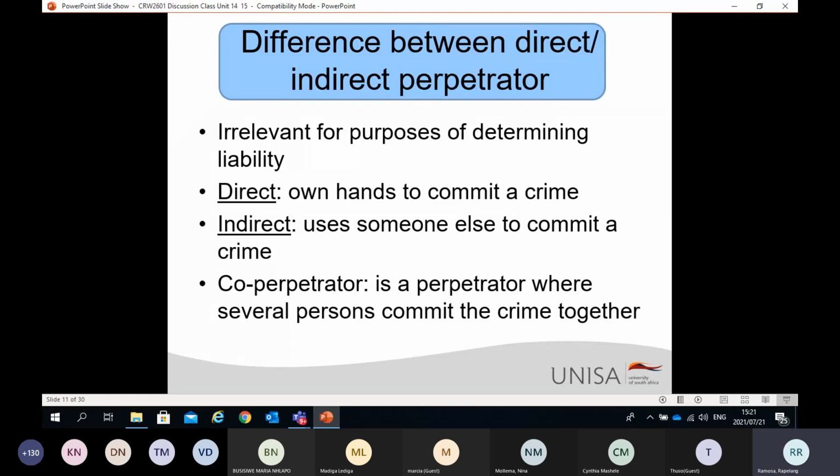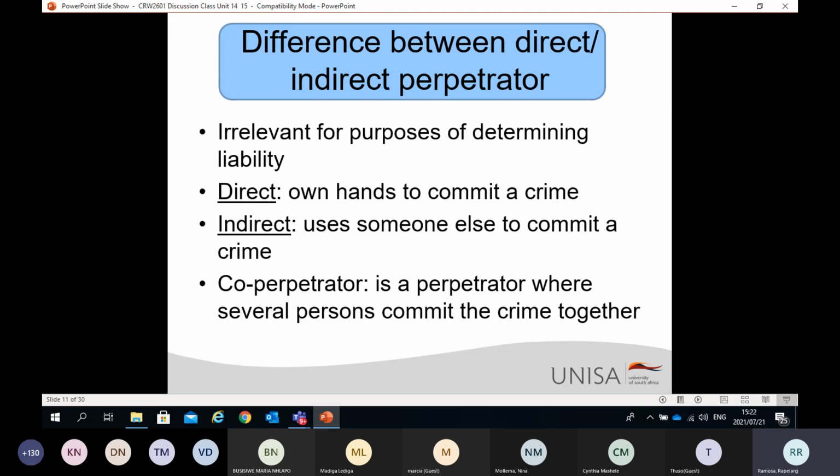But X is the one who hired Z. Now, Z, obviously, in that situation would be a direct perpetrator in that sense, whereas X will be an indirect perpetrator. But in the end, they are co-perpetrators. Their liability will be as perpetrators.